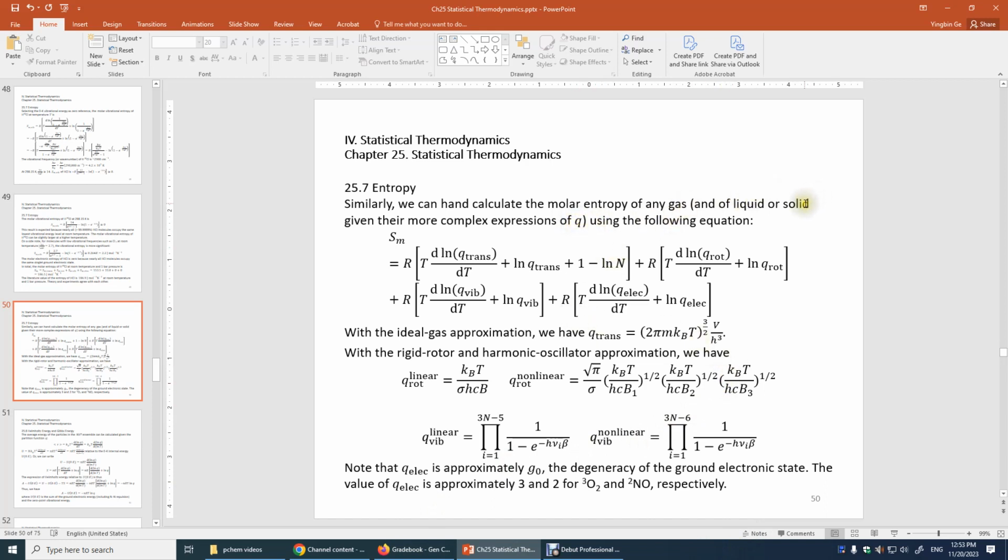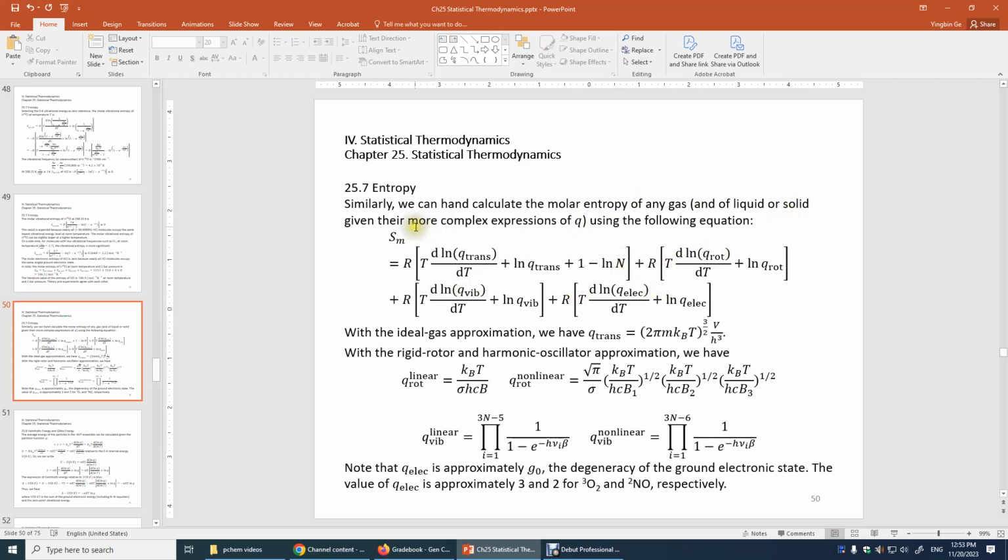In a liquid or solid, every single particle feels attraction and repulsion from surrounding particles, and it's hard to get the potential energy right. But if you do have the Q, you can hand calculate the molar entropy even for liquids and solids using this equation.